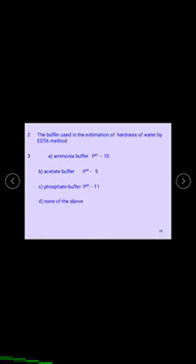And next one: the buffer solution is used in the estimation of hardness of water by using EDTA method. Ammonia buffer at pH 10, acetate buffer at pH 5, phosphate buffer at pH 11, none of the above. The first one is right. So ammonia buffer is used in the estimation of hardness of water.